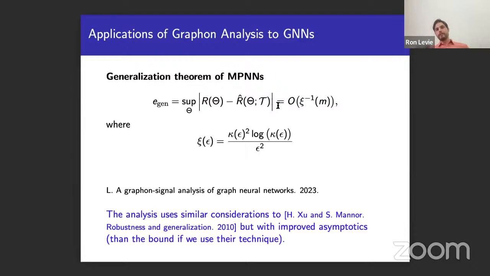You don't need any assumption, and also you don't need any assumption on the architecture of the message passing networks. You don't have any restriction on the type of functions and the number of parameters. The only restriction is that it's Lipschitz continuous. And also you need to fix the number of layers. Okay, so this function, psi inverse of n, is decaying as the number of training examples n goes to infinity. Right? So this shows that the statistical risk converges to the empirical risk.